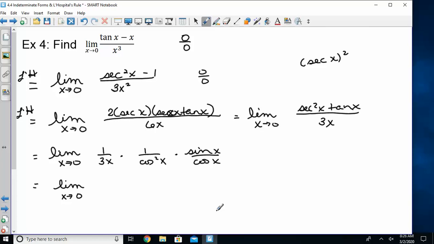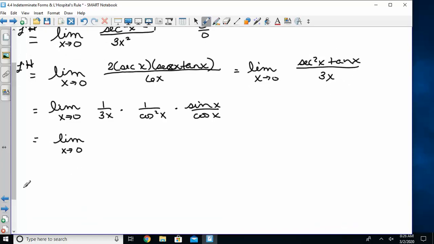Okay. I'm going to do a little regrouping here. I'm going to take these cosines, that's cosine cubed, I'm going to put them into my 3. And then I'm going to do sine x over x. Okay, I did that intentionally.